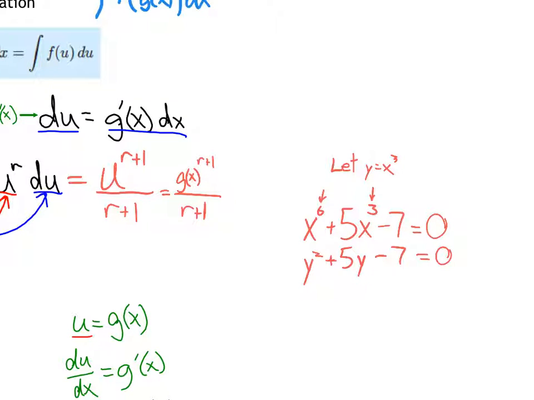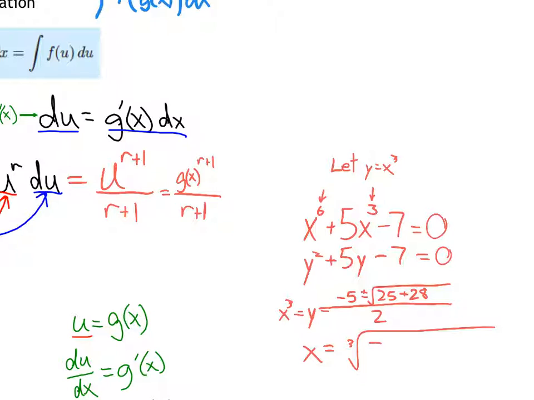Okay? So we've done this kind of a thing before, but remember at the end of this, after you did y equals negative 5 plus or minus square root of 25 plus 28 all over 2, you weren't done. Because we didn't care what y equaled, we cared what x equaled. So then you took that answer, and that was x cubed, so for x, you had to take the cube root of your answers.